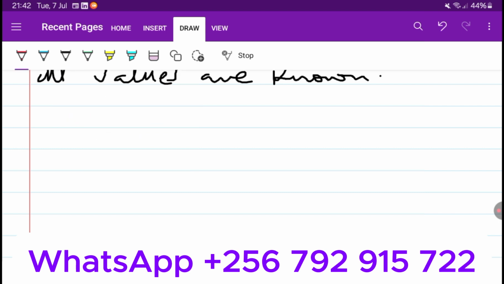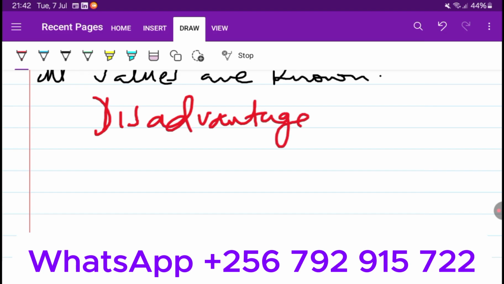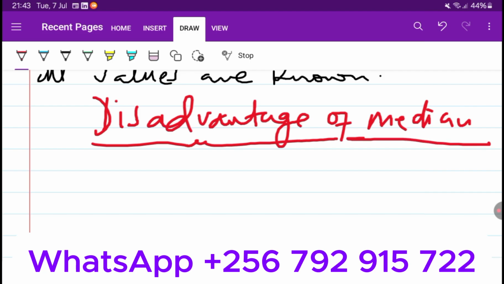Then let's look at the disadvantages. I'm giving very few disadvantages of the median, because I'm very sure it is very hard for you to find a question on advantages and disadvantages carrying more than 4 marks. The first disadvantage is that it is not well defined.